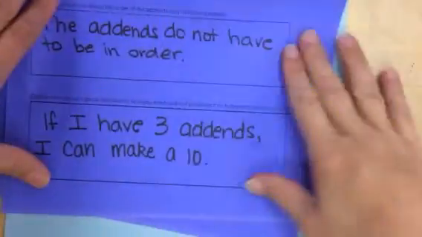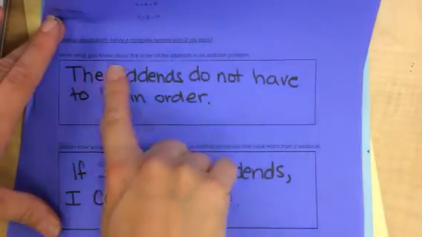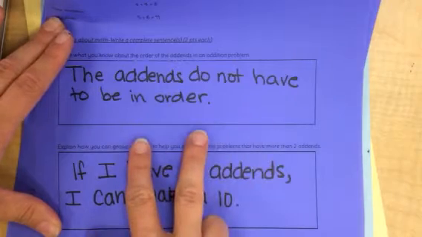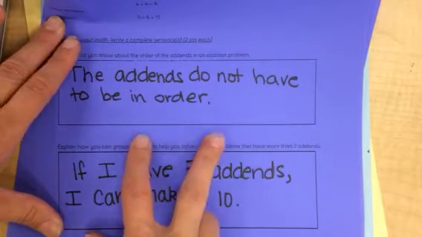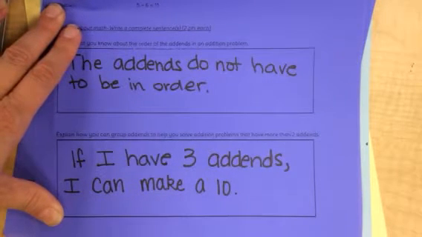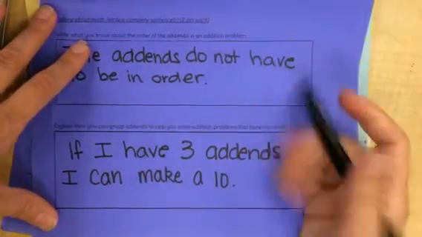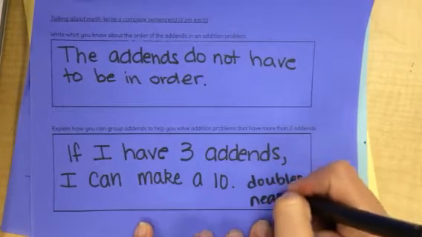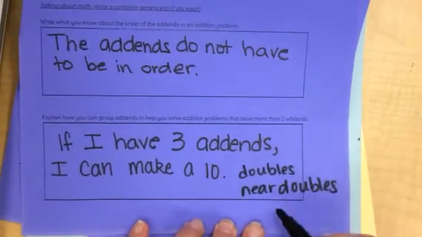And this is actually the error log that I modeled in class with them. How do you know the order of add-ins in an addition problem? What do we know about them? Well, we know that they don't have to be in order. They can be flip-flopped around, or a turnaround fact. And then, how do you group add-ins to solve problems that have more than 2 add-ins? So we had strategies like making a 10, doubles could be an answer, near doubles could be an answer, adding 2 numbers together.